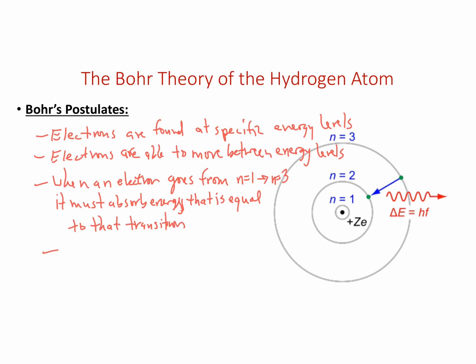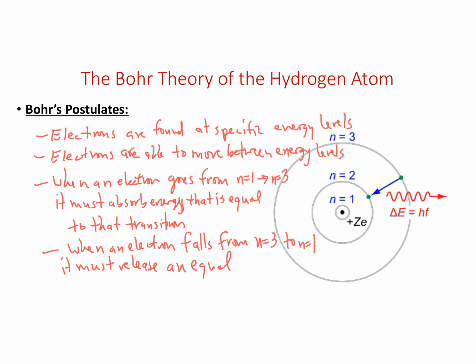And if, for example, that electron wanted to fall back down, so when an electron falls from n equals 3 to n equals 1, it must release an equal amount of energy.